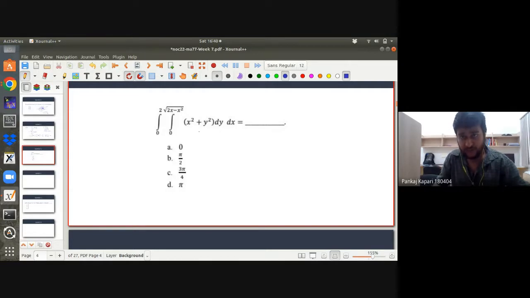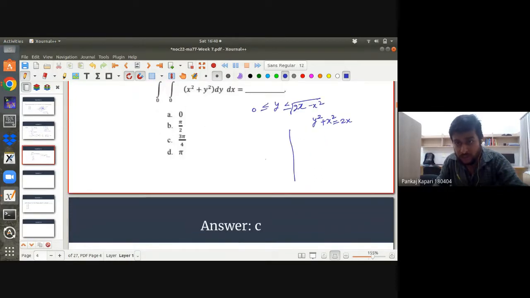You can see that y varies from the square root of 2x minus x square to 0. So let's draw the graph of y equal to square root of 2x minus x square. It is y square plus x square equal to 2x.